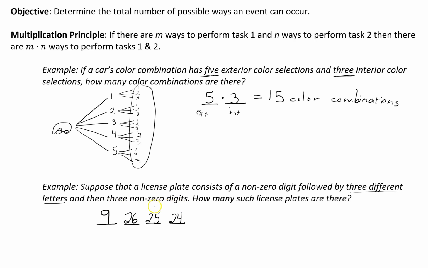Now, it doesn't mention that these 3 non-zero digits couldn't have occurred already. So we could actually have still 9 digits to pick from. It doesn't say anything about the numbers not being able to be repeated or having to be different. So I need to multiply all these values together. I have a calculator with me, so I could take 9 to the 4th power, since there's 4 nines, multiply it with 26, 25, and 24.